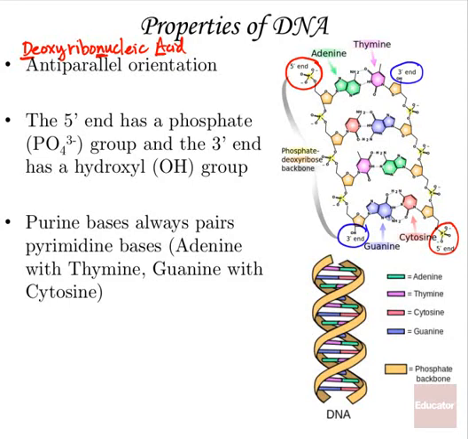They will hydrogen bond. Okay? G's and C's always make 3 hydrogen bonds, as you can see here. A's and T's always make 2 hydrogen bonds. Under normal circumstances, A's only bind with T's in DNA, and G's only bind with C's in DNA. Okay?